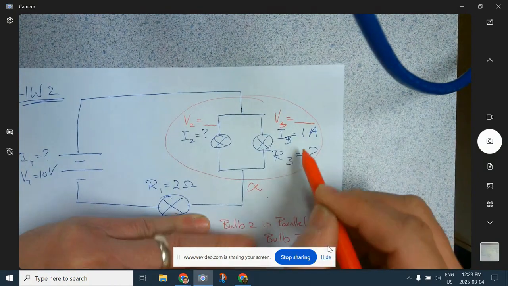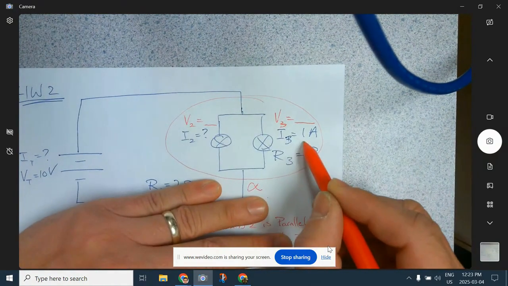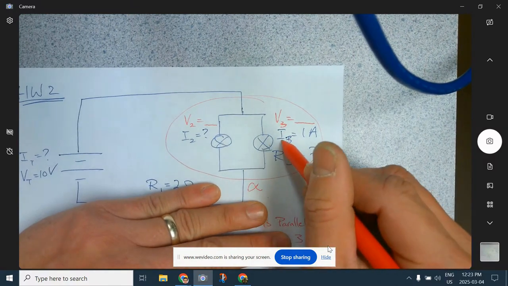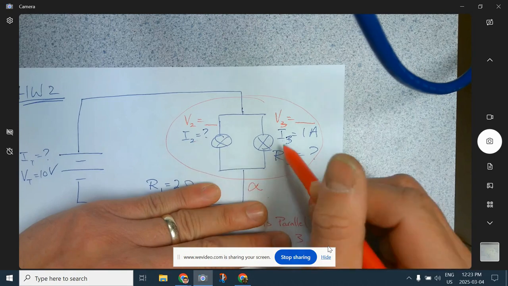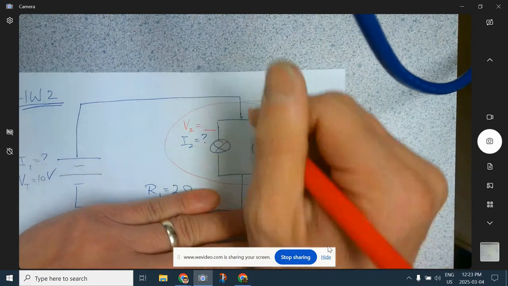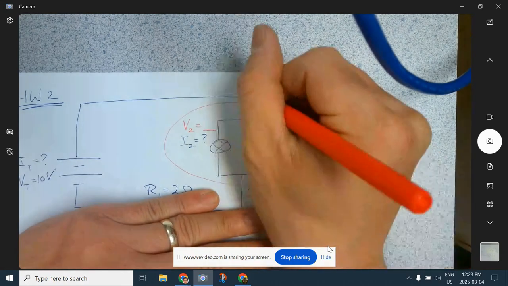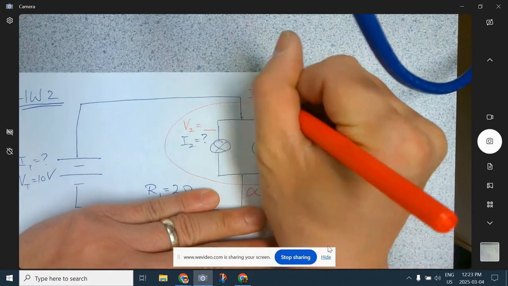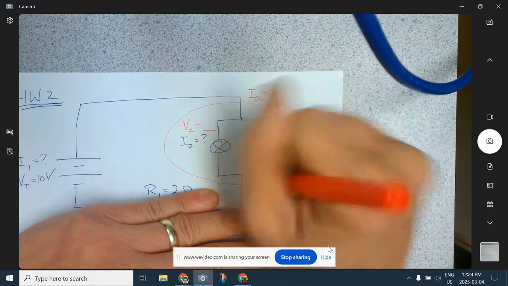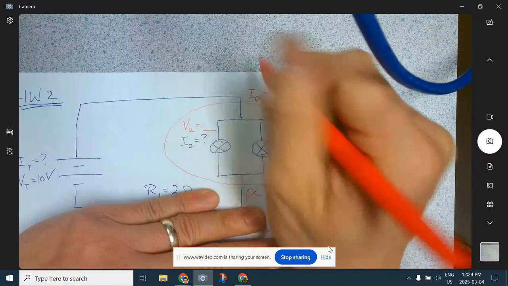Now we know that because this is parallel, current 2, we don't know what it is, plus current 3 will give you basically the total current alpha.